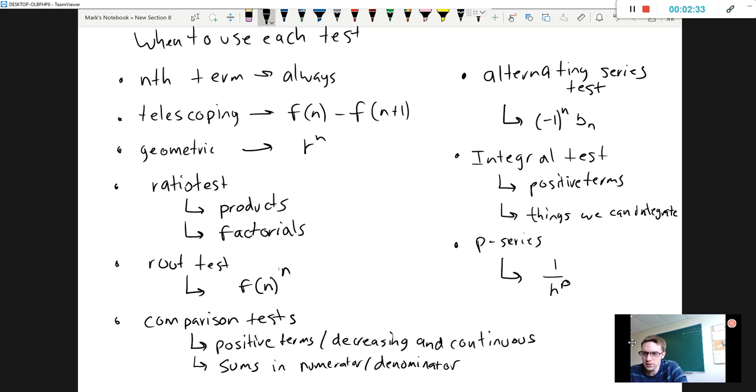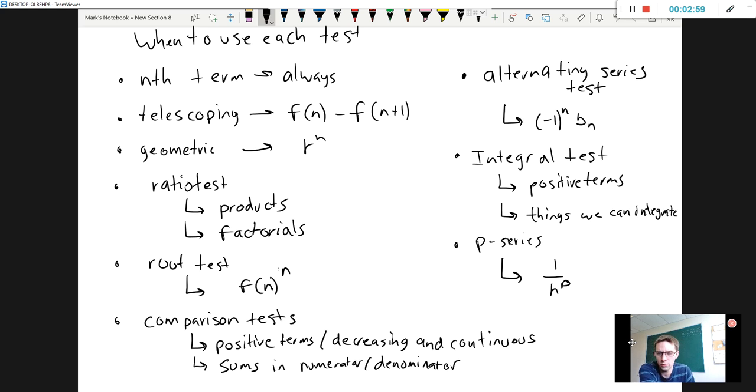We talked about the alternating series test, which is appropriate when we had terms that alternated between positive and negative. And so they were written in the form (-1)^n times some positive value b_n. We had the integral test, which works well for series with positive terms, but it was only useful, of course, if we could actually evaluate the integral. And so functions that have things like logs and powers of x were often suitable to use the integral test.